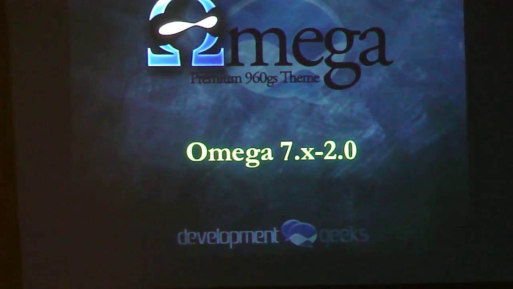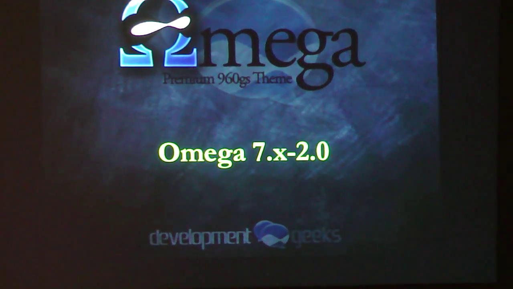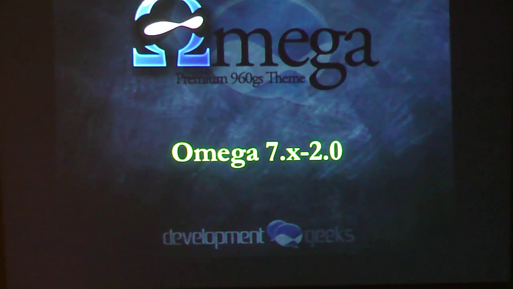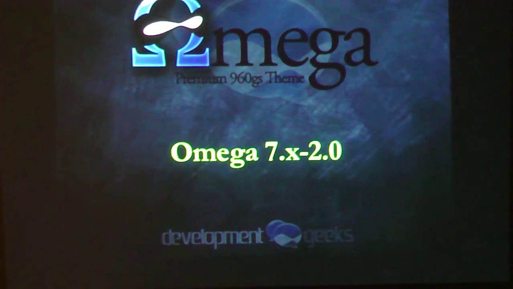And Omega is a 960 grid system base theme. For anybody that doesn't know, the quick story, 960 Grid is a CSS framework that gives you essentially a bunch of columns on your page, and it takes the effort out of needing to position your sidebars and all of this junk when you're trying to theme out your Photoshop designs.